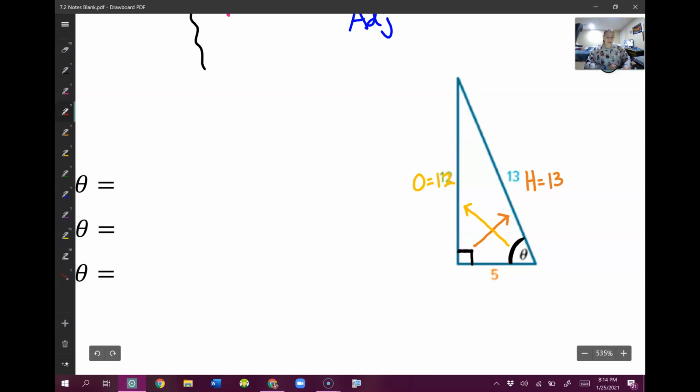Now, the last side that we have, this 5, is your adjacent side, because it's adjacent, or next to, my angle. I would always label your triangle exactly that way. Go across from the right angle, that's your hypotenuse. Across from the angle you care about, that's your opposite. And then the side that's left is adjacent.